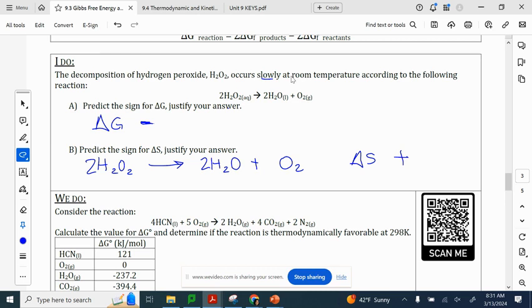So if we wanted this to go back to hydrogen peroxide, since this is negative going this direction, if we wanted to go back the other direction, we're going to have to add some sort of electricity or some other energy into this to make it happen. Because if one is thermodynamically favorable, the reverse reaction is always thermodynamically unfavorable.